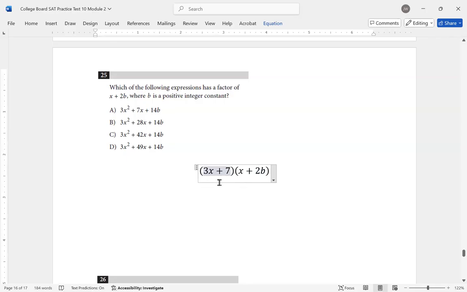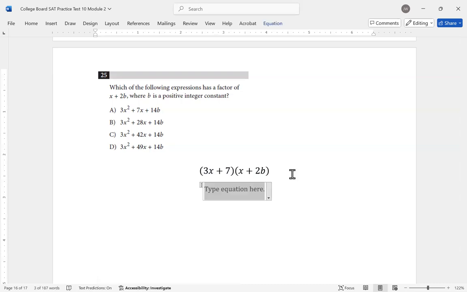So I need 3x plus 7 as the first factor if I want x plus 2b as the second factor. Now, if you multiply that out, you indeed get 3x squared, but then you also get 6bx plus 7x plus 14b.